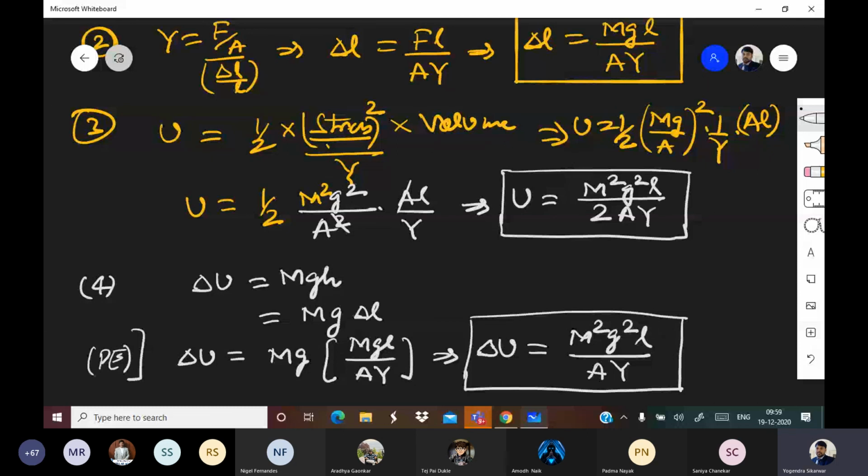All right. So energy stored in wire is half of decrease of energy of block. Understood? You can write this also in your own words.